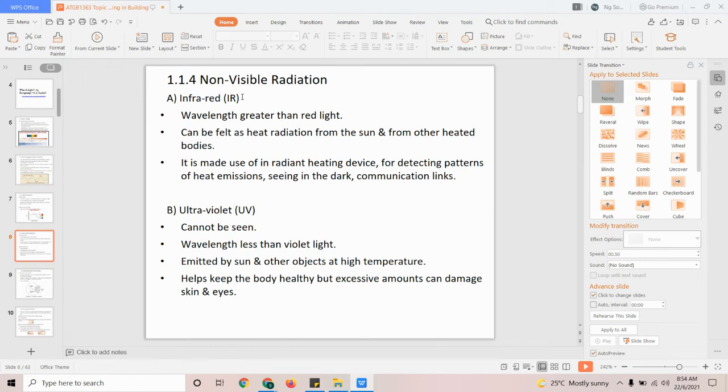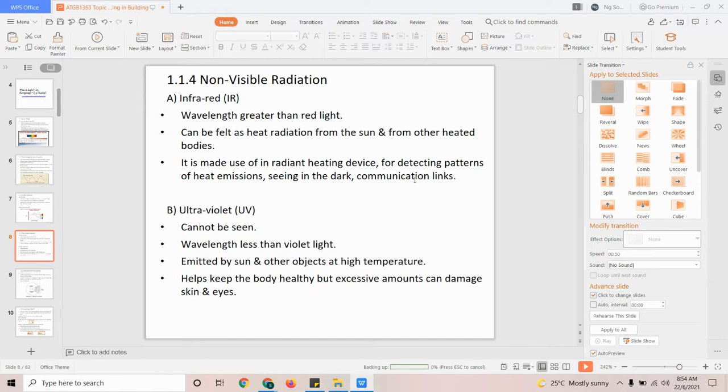There are other non-visible radiations available, but here let's just talk about two of them. We have the infrared, IR. This has a wavelength that's greater than the red light, and there are many uses for it.